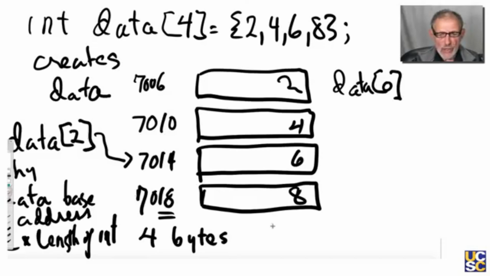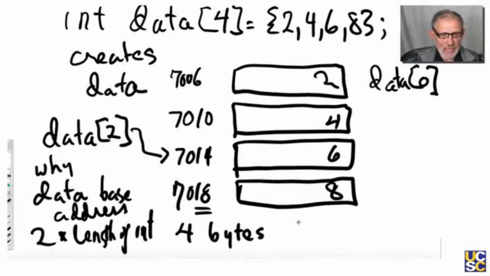And if you want to know how that address calculation happened, the address is equal to the base address plus 2 times the length of the 4-byte integers. So if the base address was 7006 and we need to be over here, well, that's 2 times 4, which is 8, so it's going to be 7014. That's an address calculation.